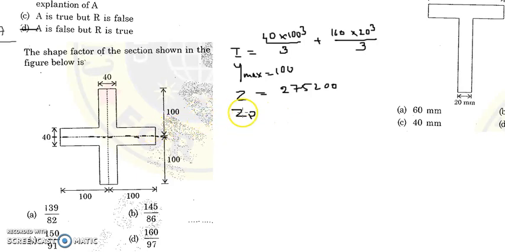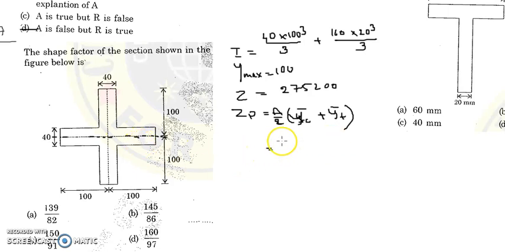So Zp is equals to what? Area by 2 into yc bar plus yt bar. Okay, so what is the total area? So total area, and we take half of the area. So 40 into 100, 160 into 20.